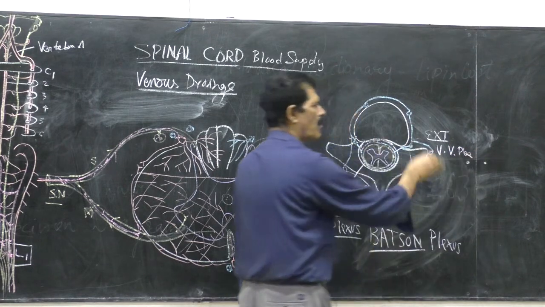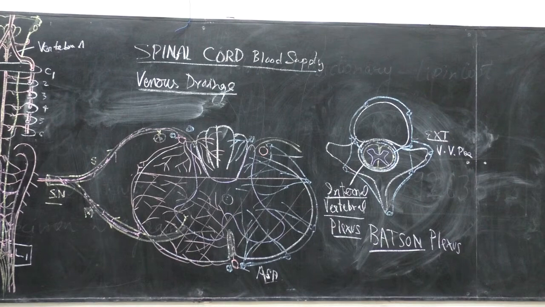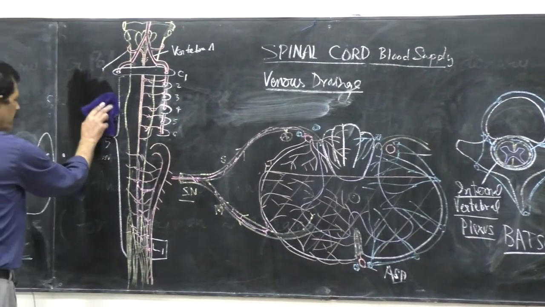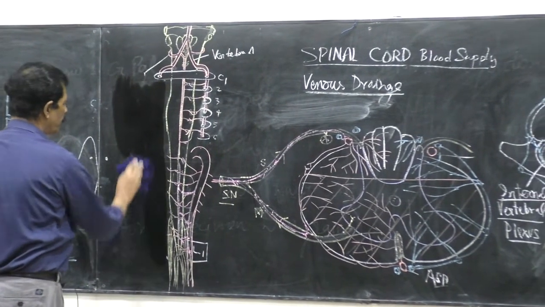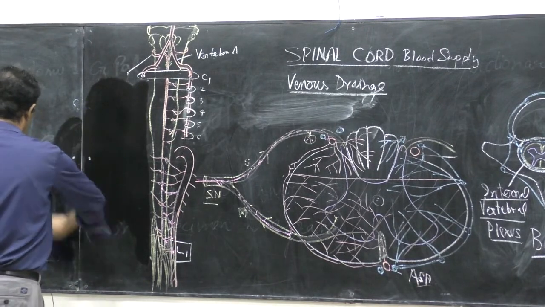So both are intercommunicating. So in this way, about 10 longitudinal veins accompany the anterior, posterior, and all the lateral side of the spinal cord.